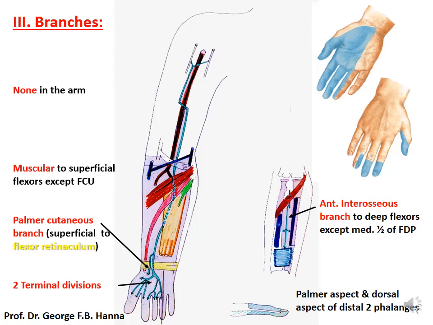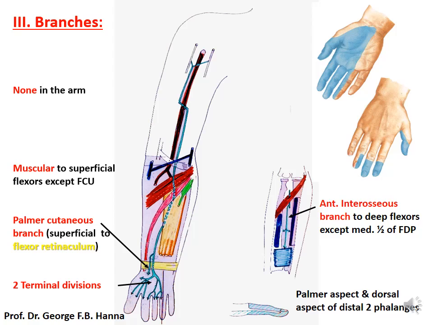So, as regards the superficial and the deep flexors of the forearm, which are 8 in number, it seems that the median nerve supplies 6.5 muscles, leaving only 1.5 muscles to be supplied by the ulnar nerve. These 1.5 muscles are easier for you to know, which are flexor carpi ulnaris and the medial half or ulnar half of flexor digitorum profundus.